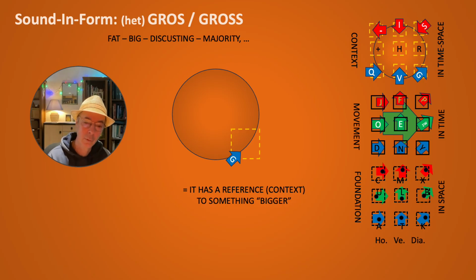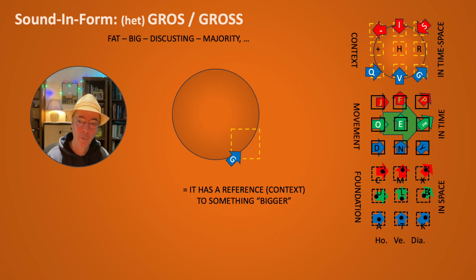So we start with G. G is that position from the third category, where we start from a spatial reference, in the kind of way that we see, okay, let's focus upon what is bigger.